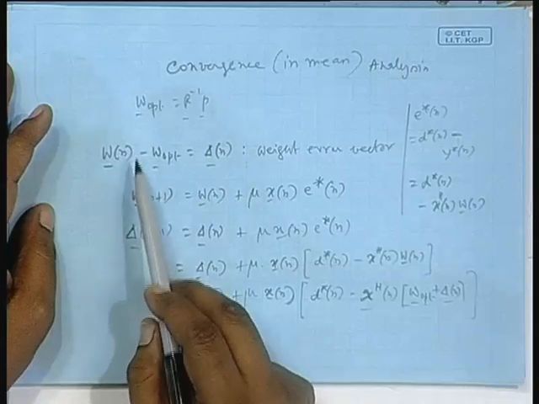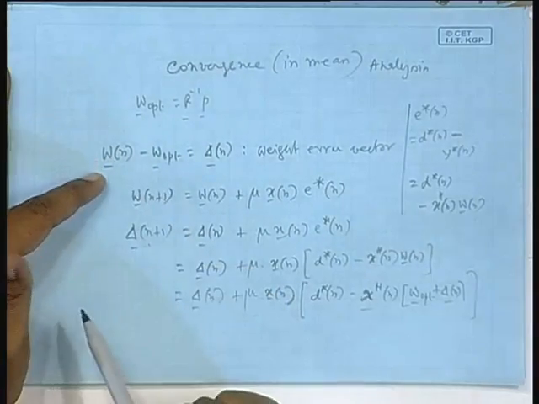From here W n is what? W opt plus the deviation. Deviation is delta n. So far so good.